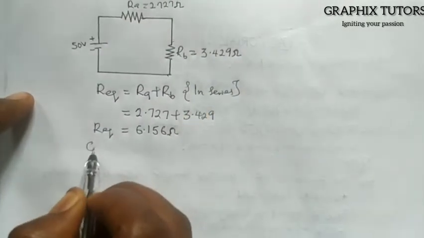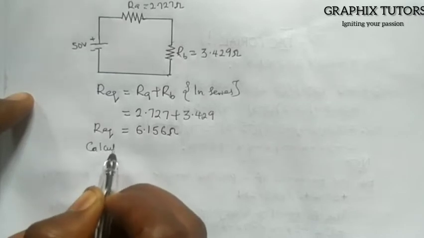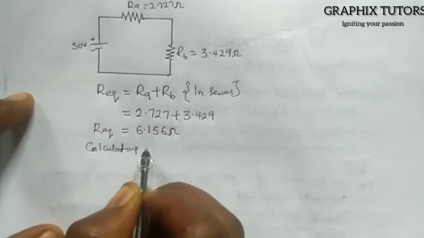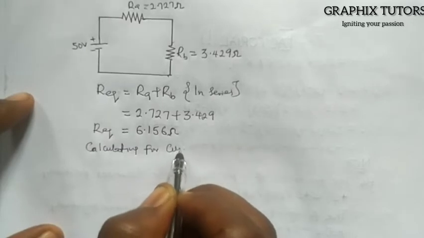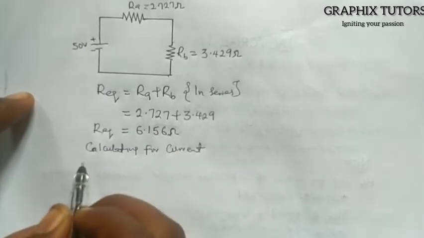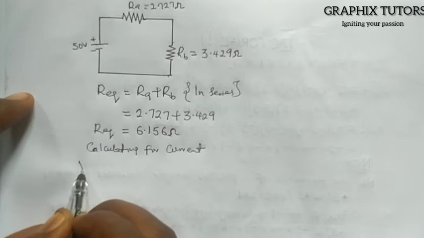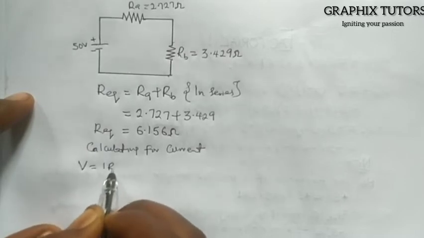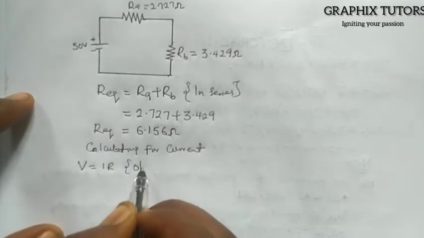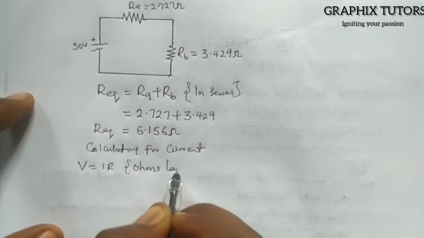So calculating for current. Now we know that our V is equal to IR. That is our Ohm's law, right?